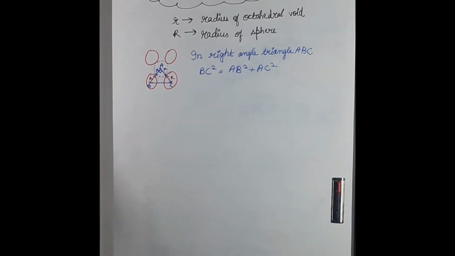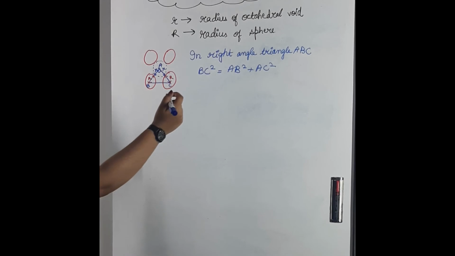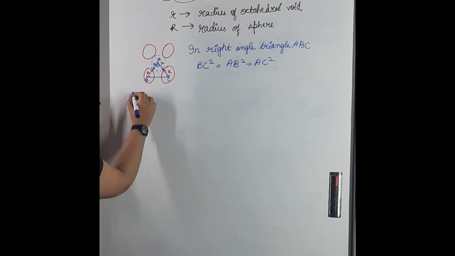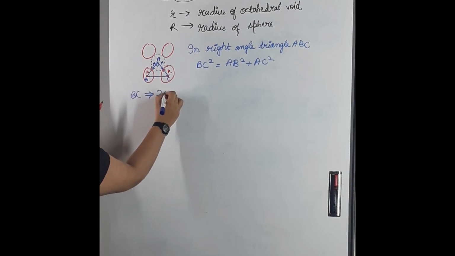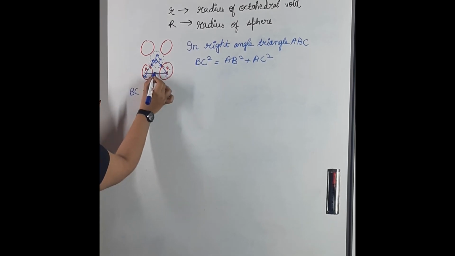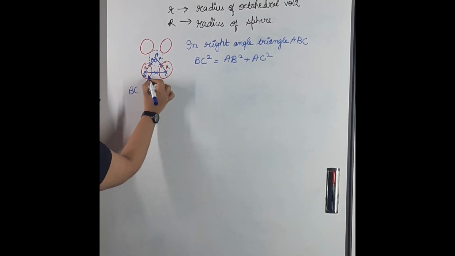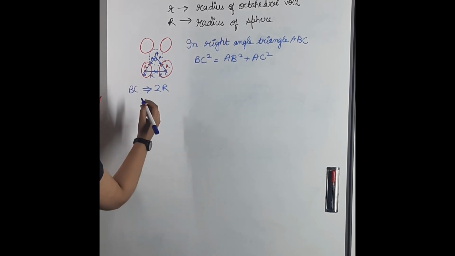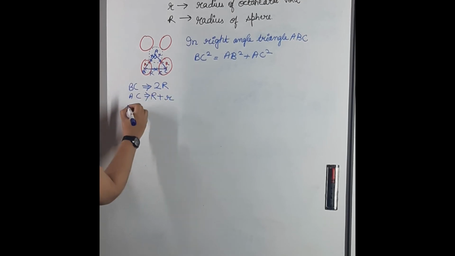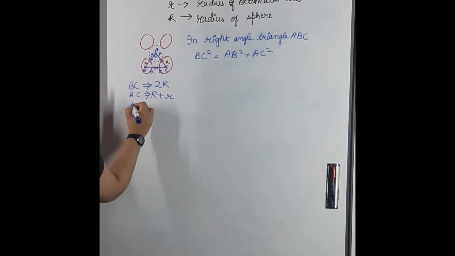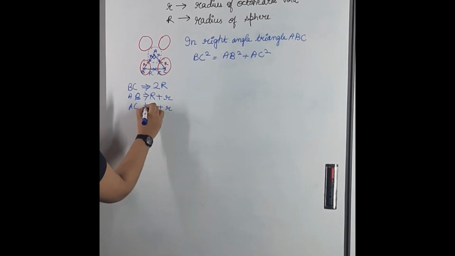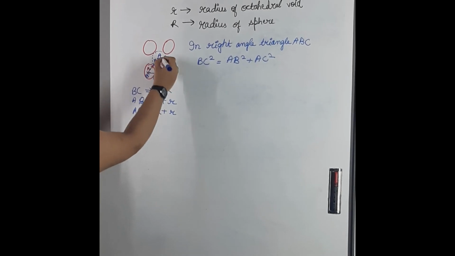Hypotenuse square is equals to height square plus side square. So by putting the values here, value of BC is equals to 2r. Here it looks like there is space between the constituent particles, but it is not like that. The value of BC is equal to 2r, and the value of AB is equal to r plus r, and the values of AB and AC are equal to r plus r. They are the same, AB is r plus r, AC is r plus r.